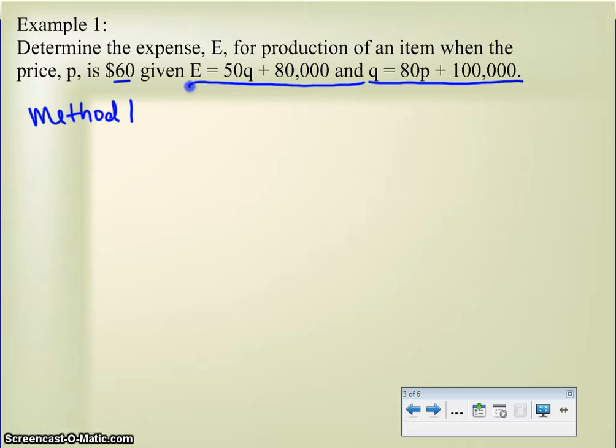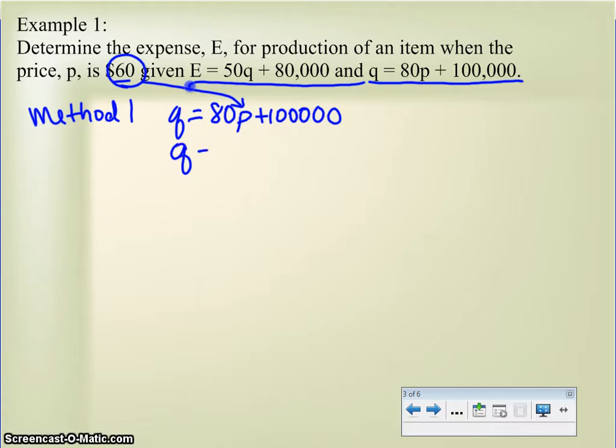So the first thing that we're going to do is start with our equation Q equals 80P plus 100,000. Now we know in this case what P is because it's given us that P is 60, so we're going to plug that 60 in here.